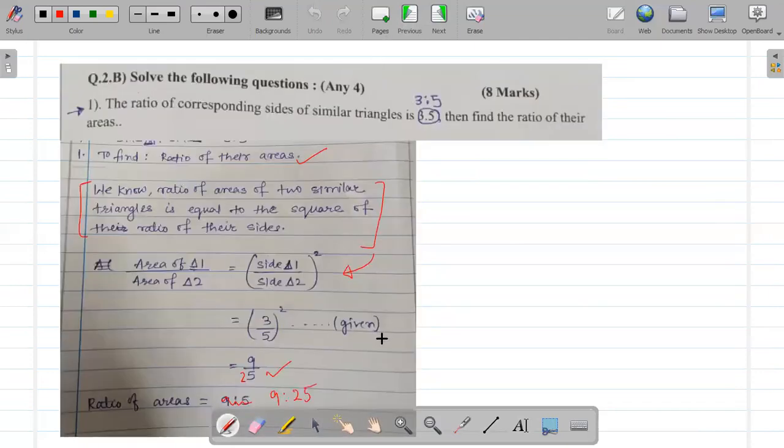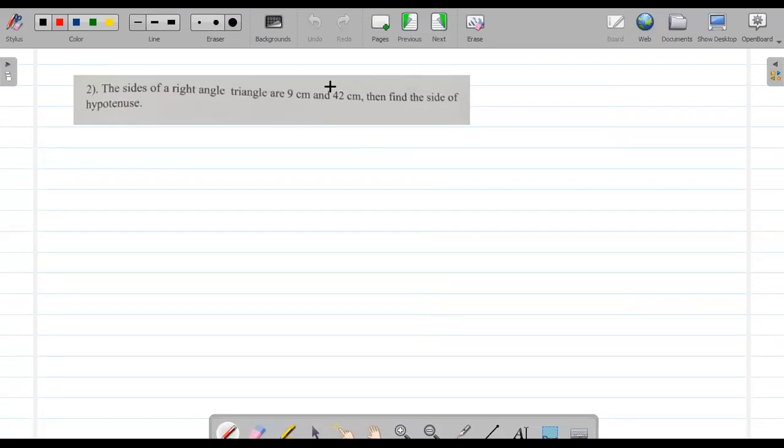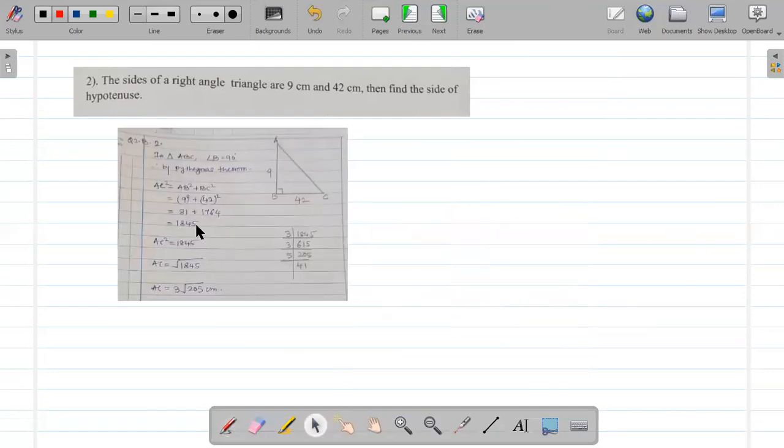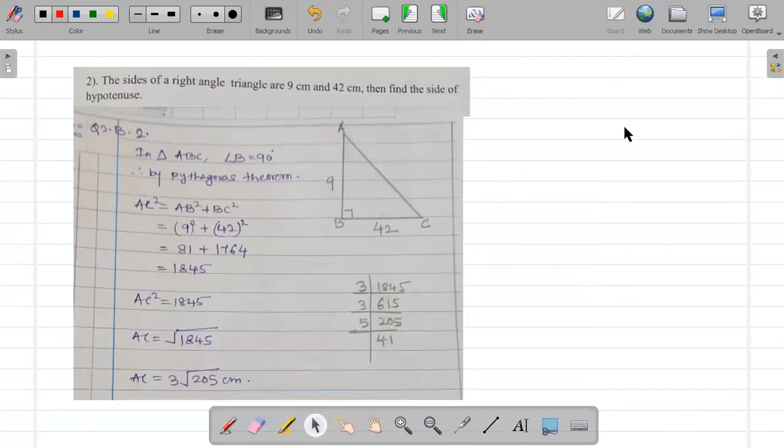Okay. That completes the solution to this. Moving on to the next question. The sides of a right triangle are given to be 9 centimeters and 42 centimeters.